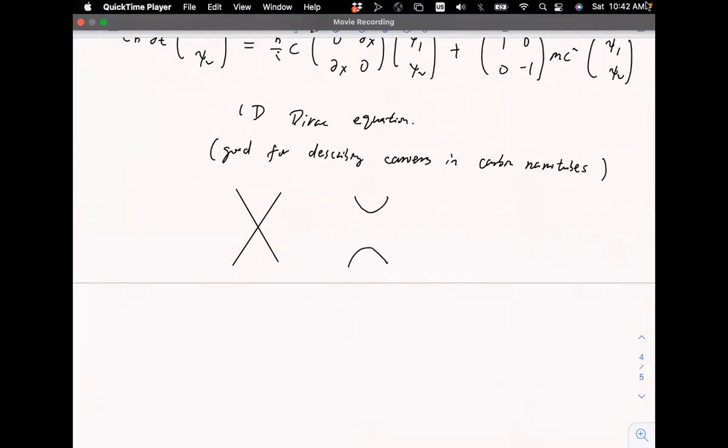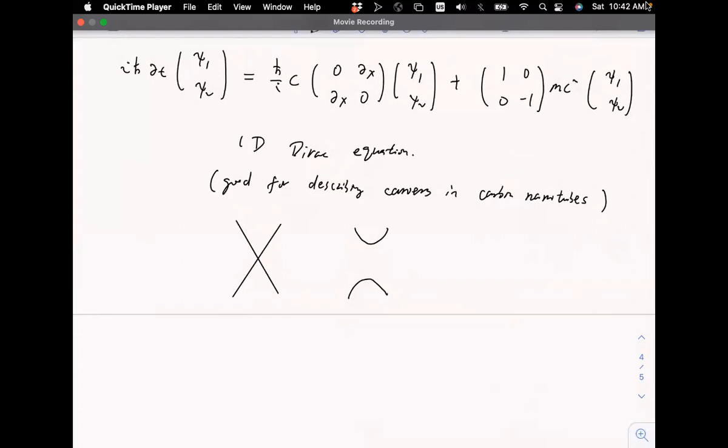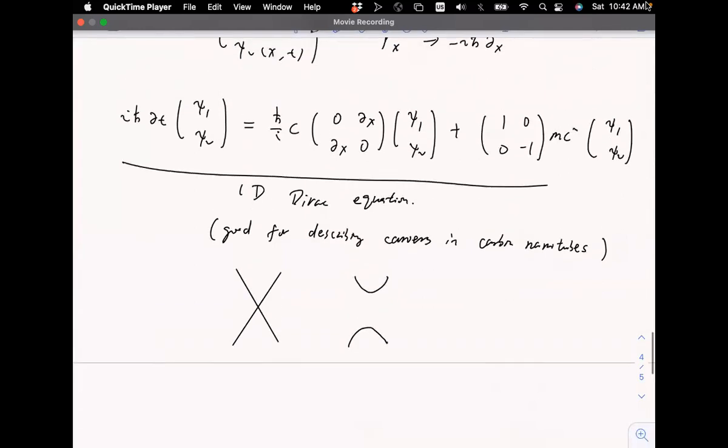But they are all 1D systems. I'm not sure whether it's applicable for all carbon nanotubes, but some. Basically whenever you see a linear dispersion, then it will be this Dirac equation.